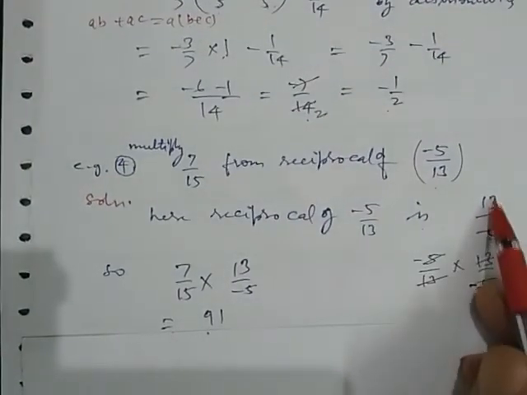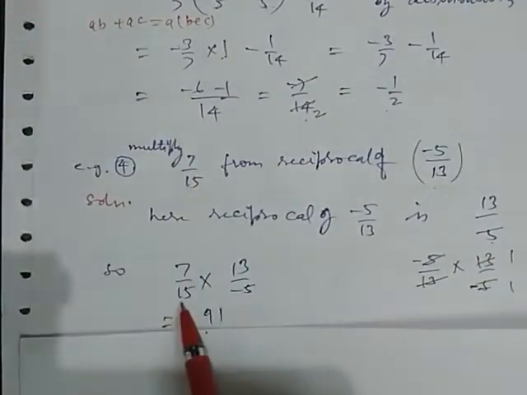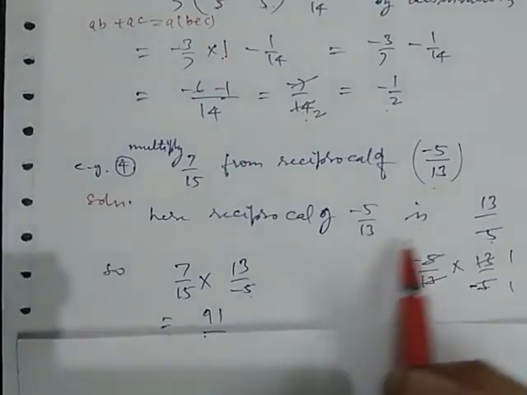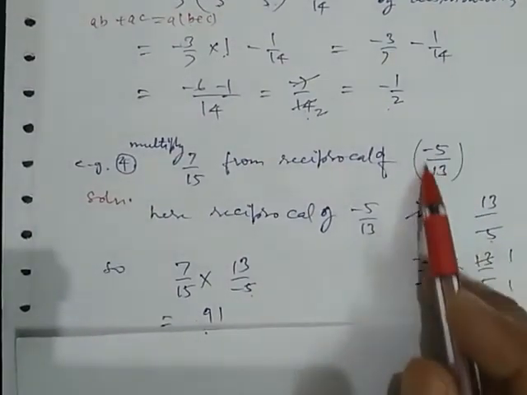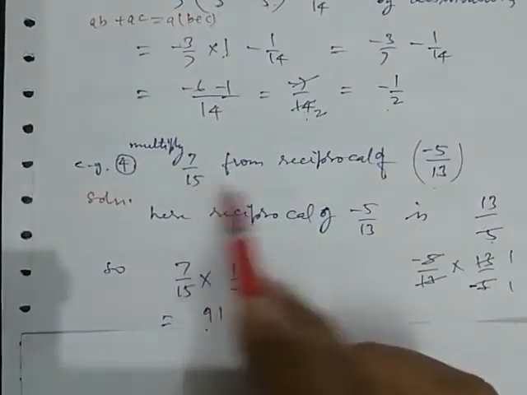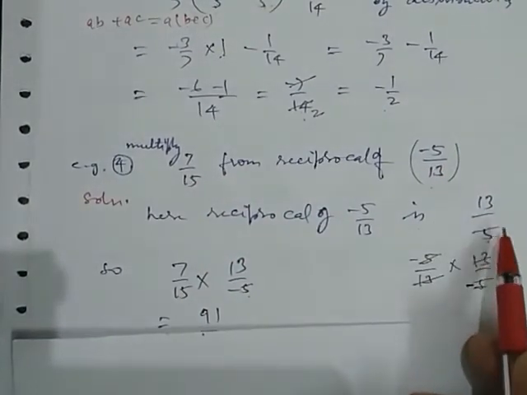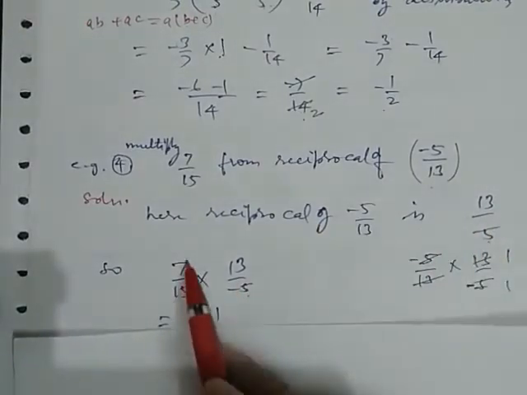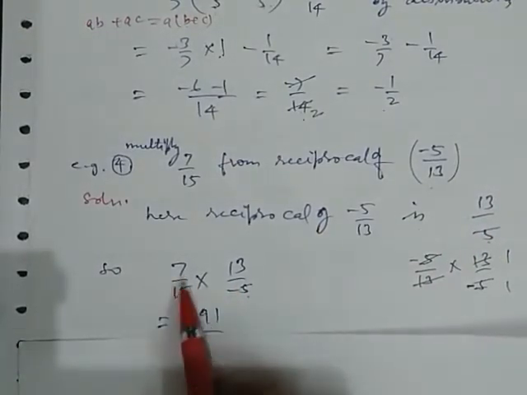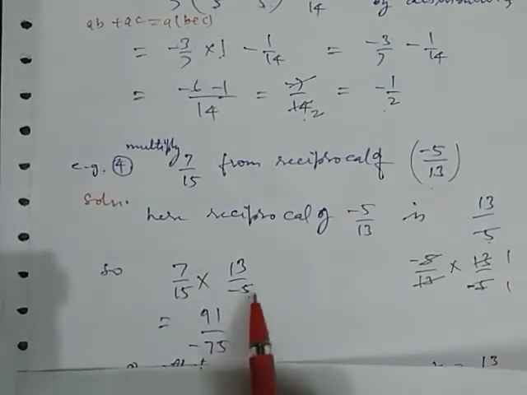Now this 13 by minus 5 is multiplied by this 7 by 15 according to the question, because this is the reciprocal of this. And what is the question? 7 by 15 multiplied by the reciprocal of this, and the reciprocal of this is 13 by 5. So we multiply 13 by 5 with 7 by 15. Now 7 into 13 is 91. 15 into 5 is 75, with this minus sign.